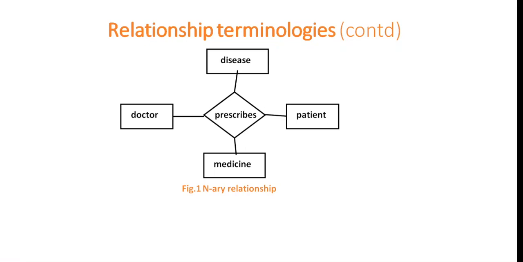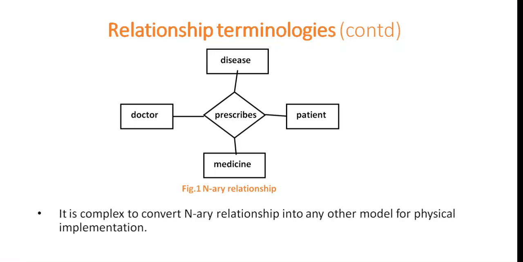So this is how we can have a relationship among all 4 entities by using a single relationship, that is prescribed. So this is called an n-ary relationship with degree 4, where 4 entity sets are participating in a single relationship.